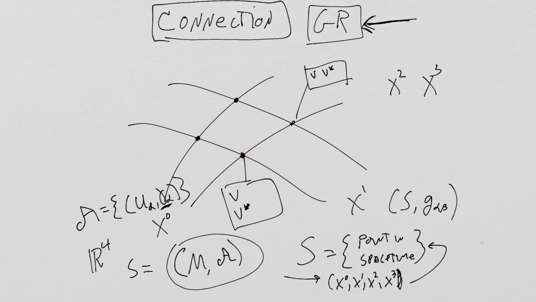The metric defines an inner product at every point in space-time, which allows you to do things like take two vectors from the underlying tangent space and determine something like a magnitude. It allows you to do all of this measurement. So that's cool. So we know that that's how our model of space-time is going to work.